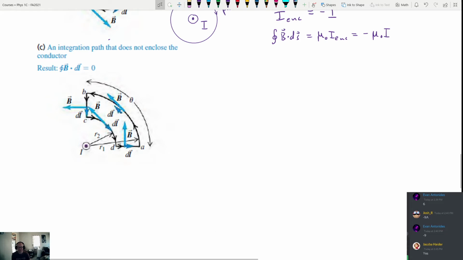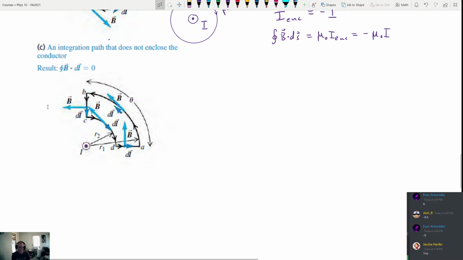The only place we're going to get contribution is from the line A to B, and then from the line C to D. You'll notice that along the line A to B, B and dl point in the same direction, so B dot dl will be positive, but along this one, B and dl point in opposite directions, so B dot dl will be negative. And what you'll find is if you do the calculation that B dot dl along AB is exactly equal and opposite to B dot dl along C to D, which is why you get that the integral of B dot dl is 0. And I would definitely encourage that you try to work that out for yourself.